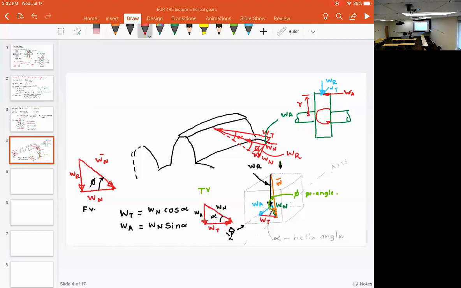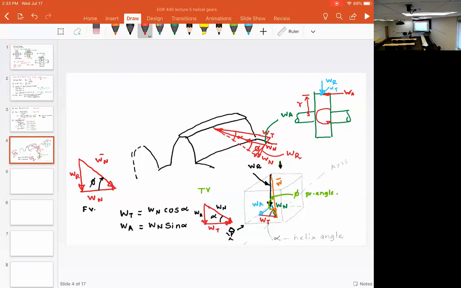So when you are trying to draw the bending moment diagram in the vertical plane, you have to take into account the moment given by Wa, and that moment because of Wa would actually be a jump in the bending moment diagram. But sometimes if the gear dimensions or the pinion dimensions are small, you can ignore the moment given by Wa.